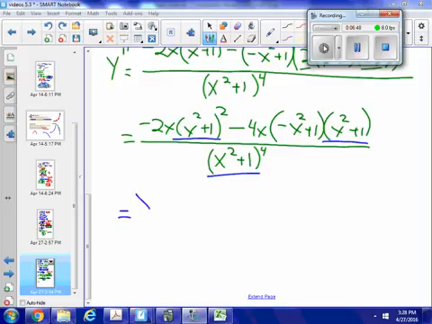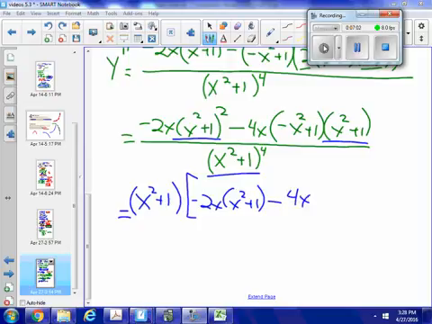So if I take out an (x squared plus 1), it's going to be times minus 2x times (x squared plus 1) minus 4x times (negative x squared plus 1). This one got factored out.